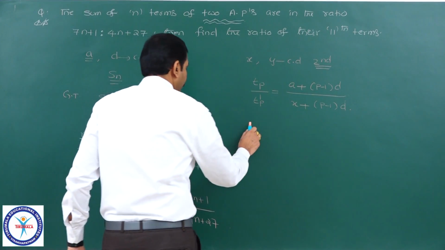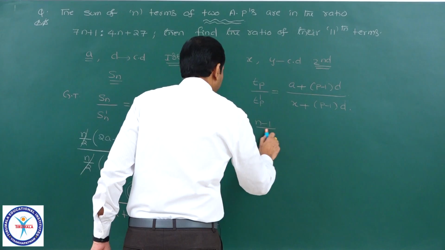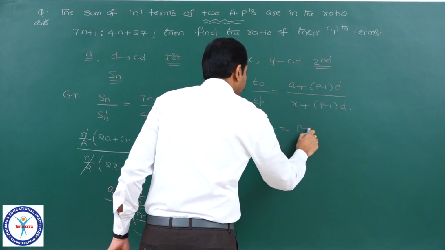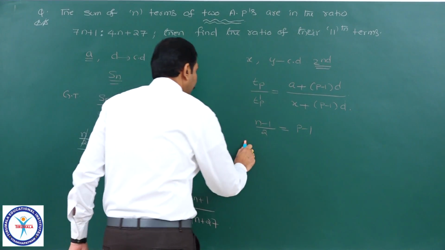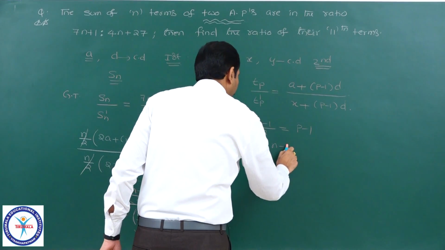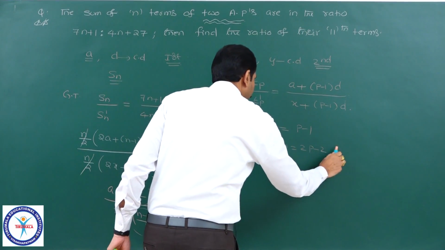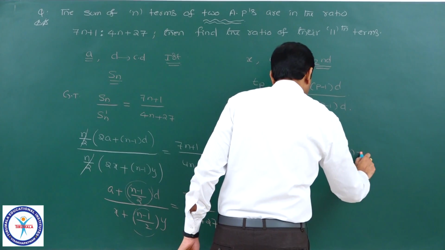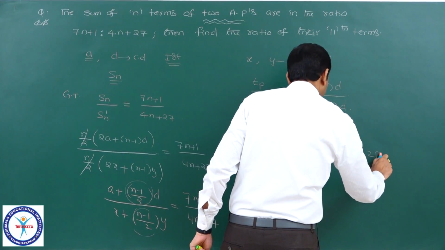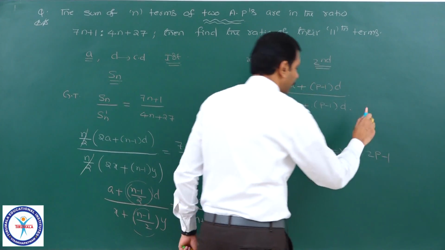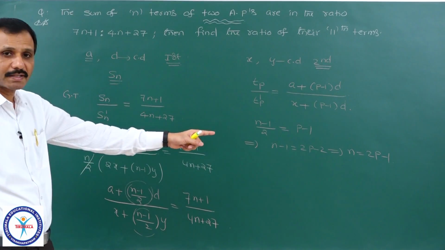Therefore, now replace (n minus 1) by 2 with P minus 1. That implies n minus 1 equals 2p minus 2, which implies n is equal to 2p minus 1.